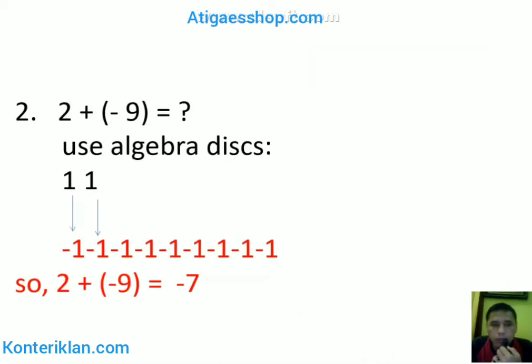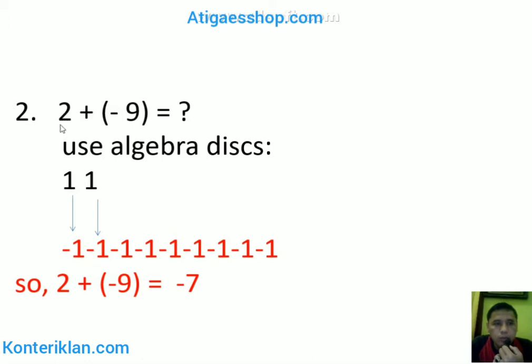Okay, now we go to the next example. 2 plus, in brackets, negative 9 equals what? We use algebra tiles here. Since 2 is positive, it equals 1 and 1, two times.